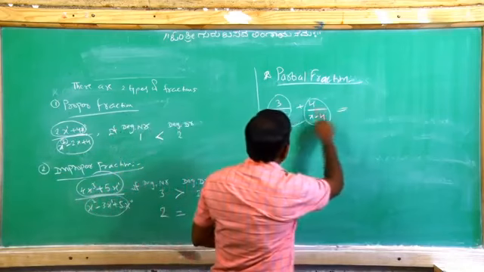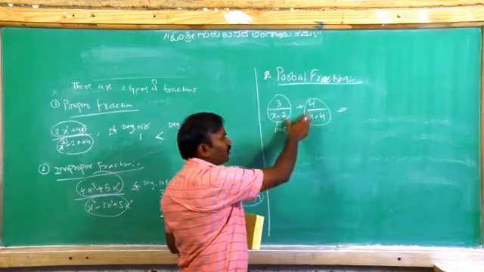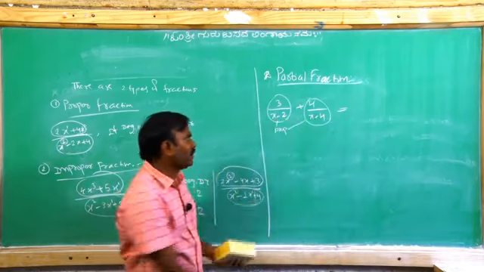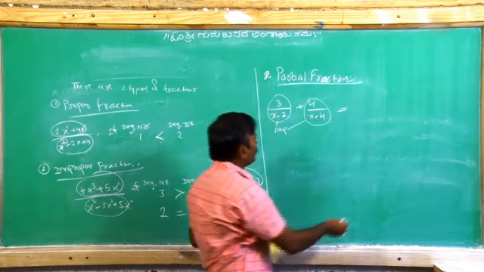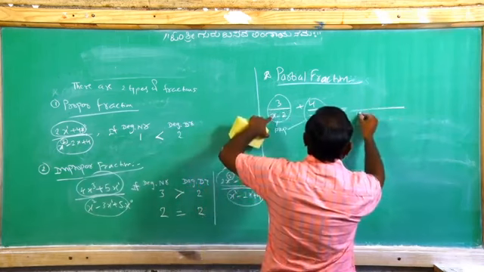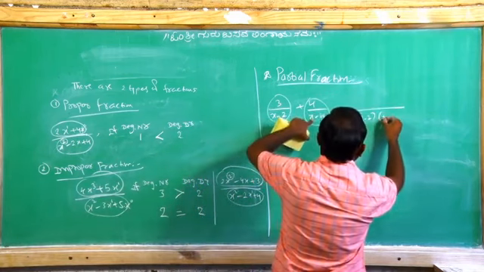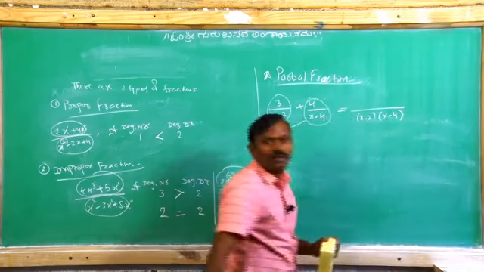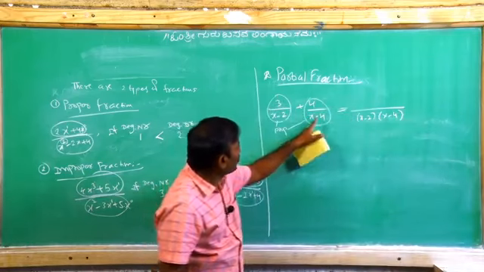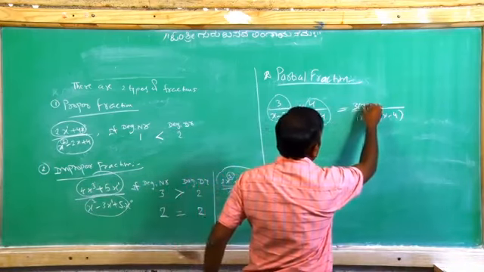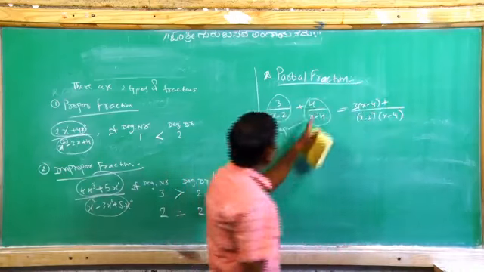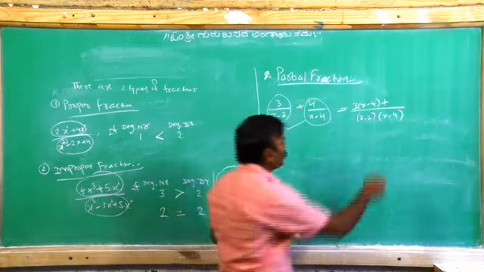Take the sum of two proper fractions. First, take the sum of two proper fractions. This equals, with denominator x minus 2, x minus 4, the numerator 3 into x minus 4 plus 4 into x minus 2.